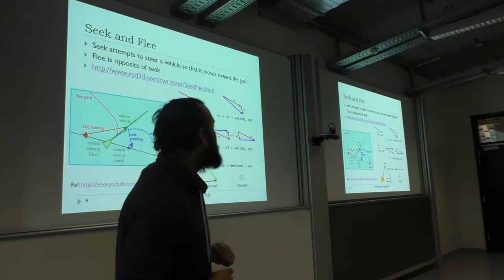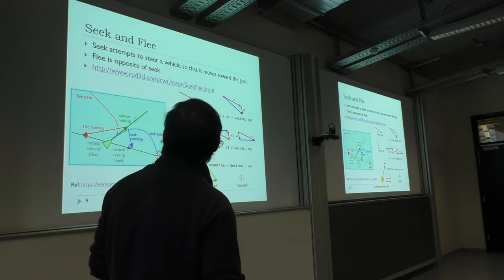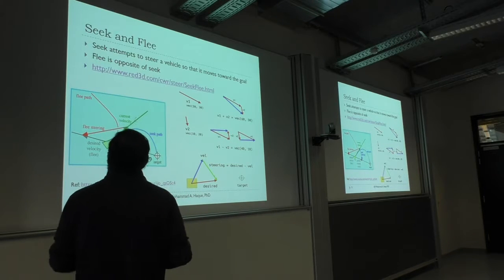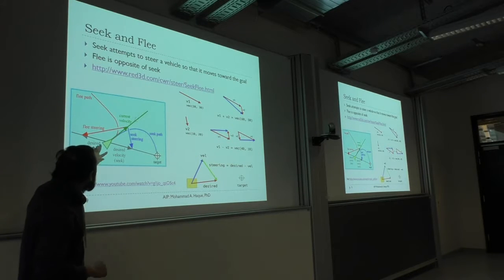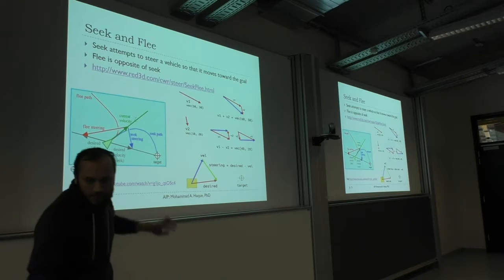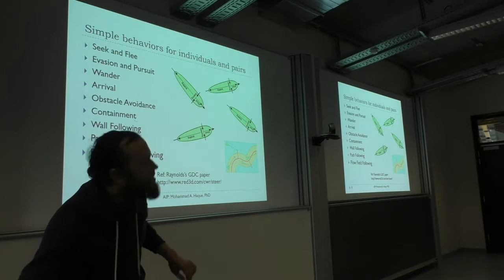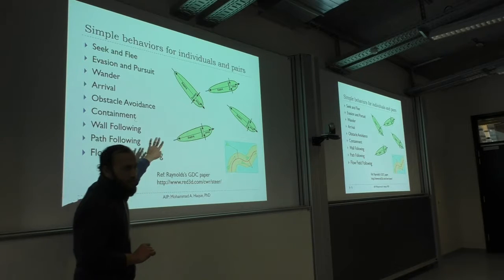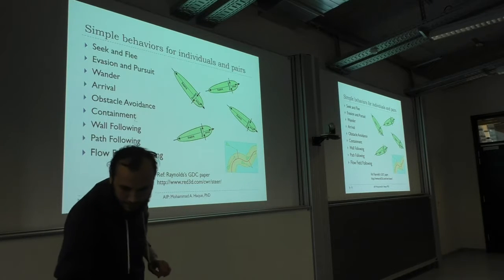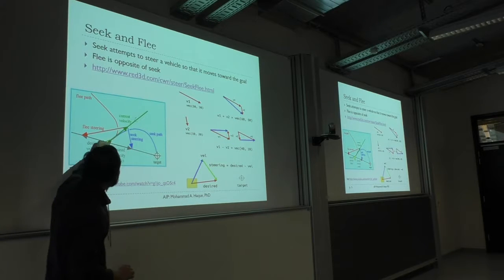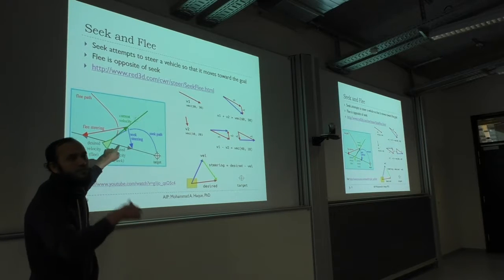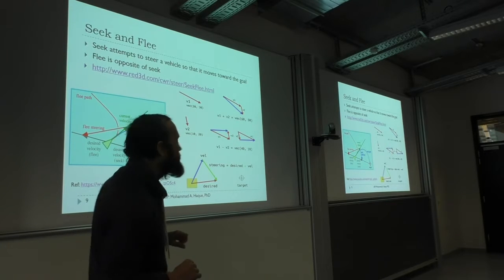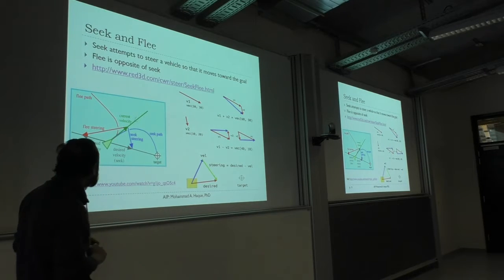First is seek and flee. So this is our vehicle. You can just imagine this one, okay? This one in this place, this green dot in all of the images I'm going to show you.